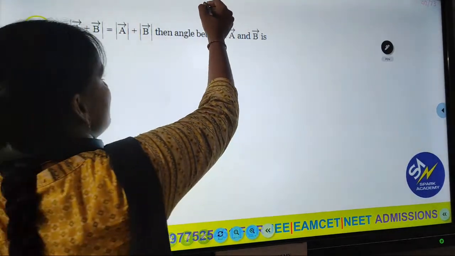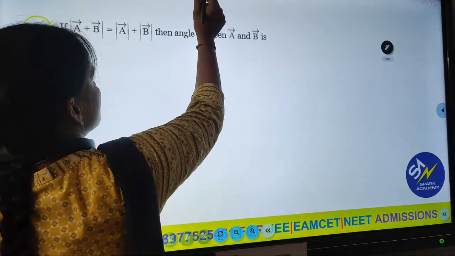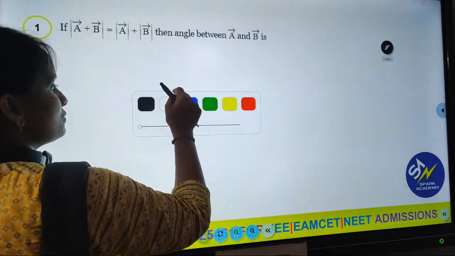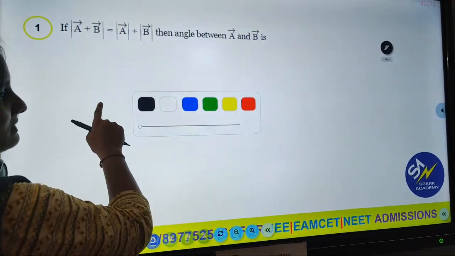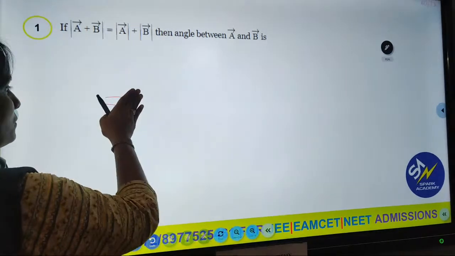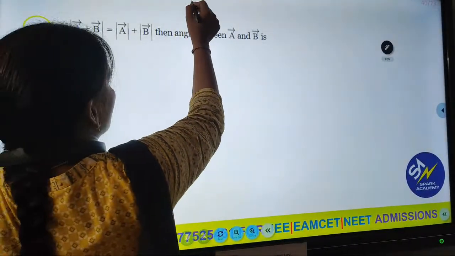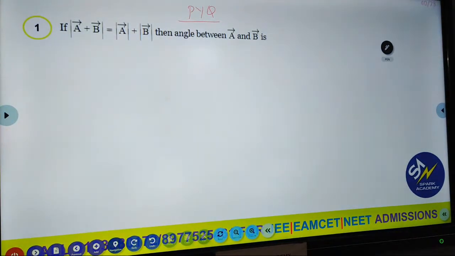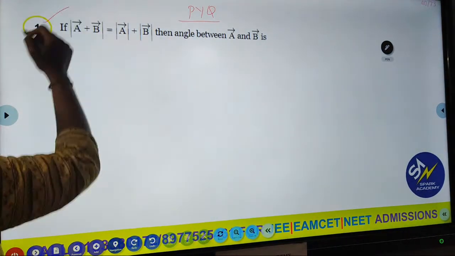Yeah, let us see few model questions. These are previous year's questions. So by using those important results, we see how to solve these questions. PYQ means previous year's questions.